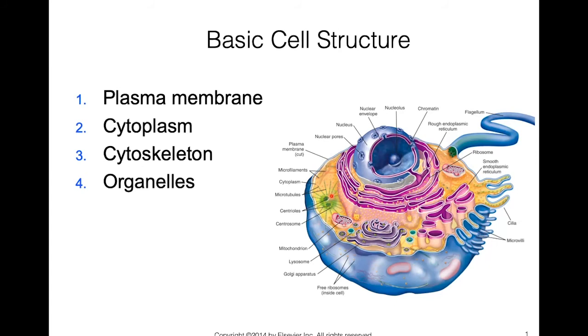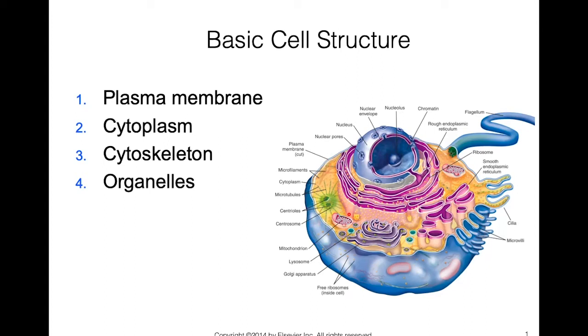And then inside the cell contains cytoplasm. Think of cytoplasm almost as a jelly-like medium through which everything is suspended and able to move throughout the cell. We also have what's known as a cytoskeleton. There are specific filaments that are capable of transport as well as providing structure to the cell.